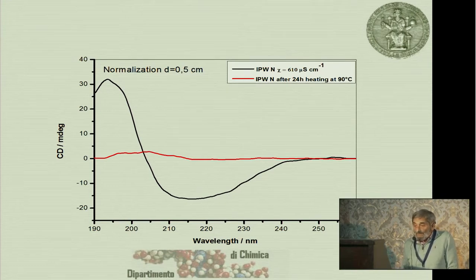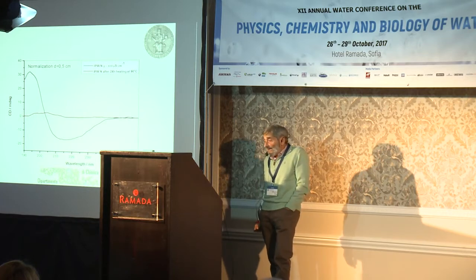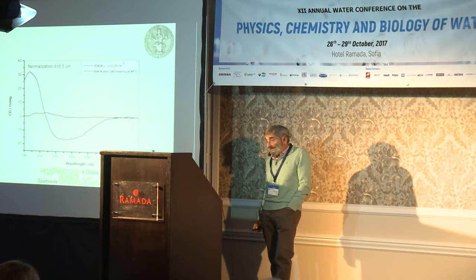In this slide, we show how the prolonged thermal treatment can chill any circular dichroism effect on IPWN. What has been said till now demonstrates a staggering similarity between IPW, perturbed water, and a biological macromolecule. This parallel does not end here.